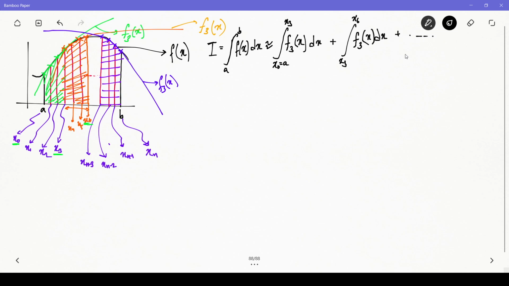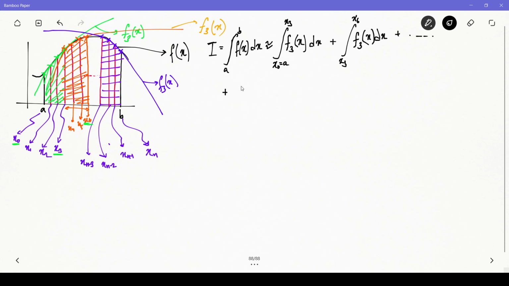Since there is no more space, let's write an ellipsis over here, and let's write the last two terms. For the last term, we'll work with x sub n minus 3 up to x sub n, and for the second last term, we'll work with x sub n minus 6 up to x sub n minus 3.